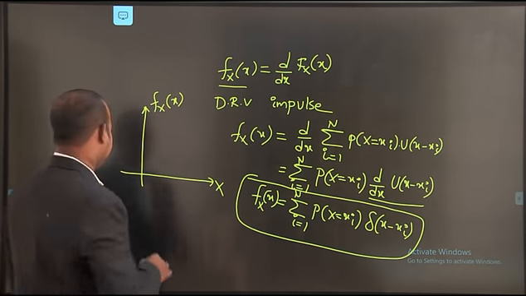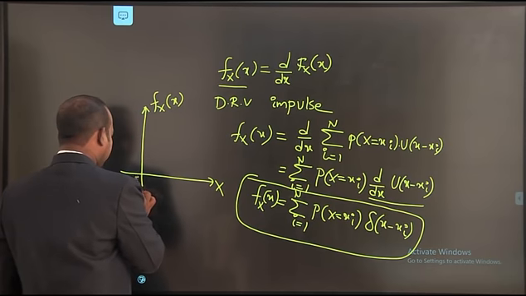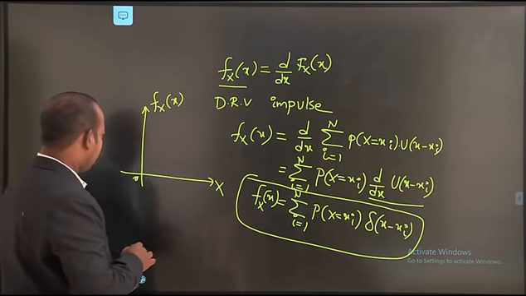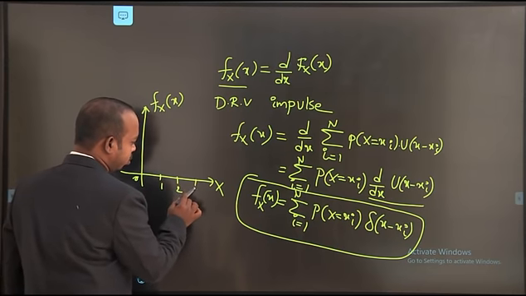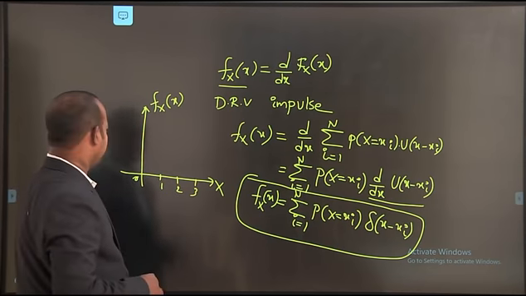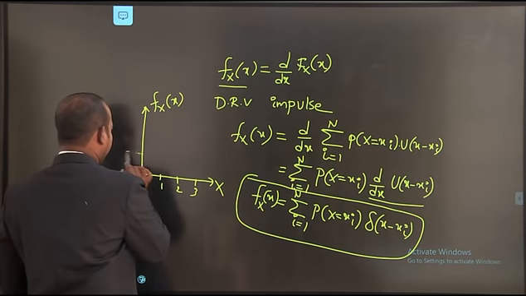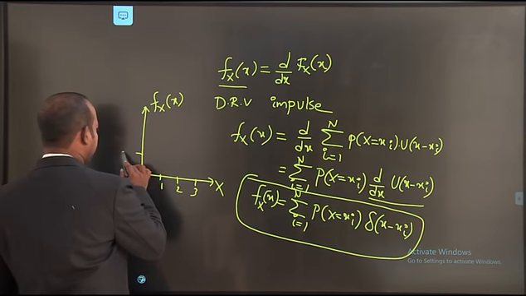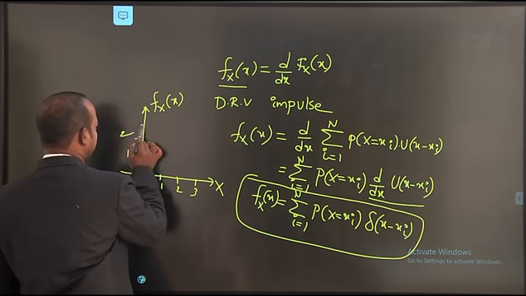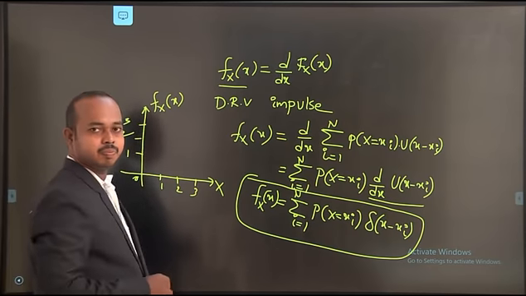The origin I am representing with 0, and the values I am assigning on the horizontal axis as 1, 2, 3. In the vertical direction, we represent the density function values, also assigning 1, 2, 3.